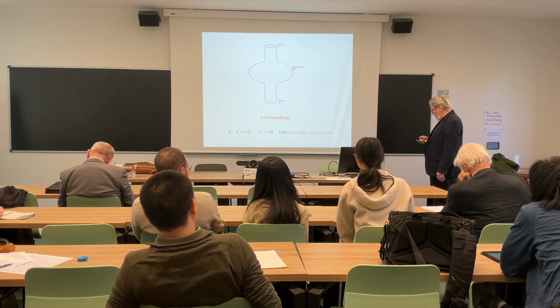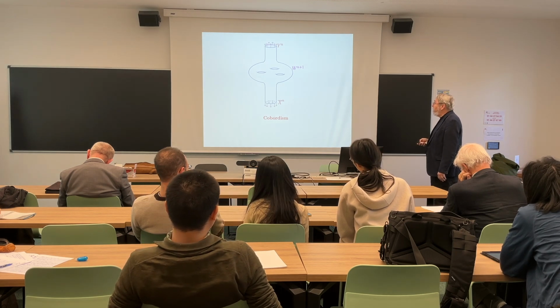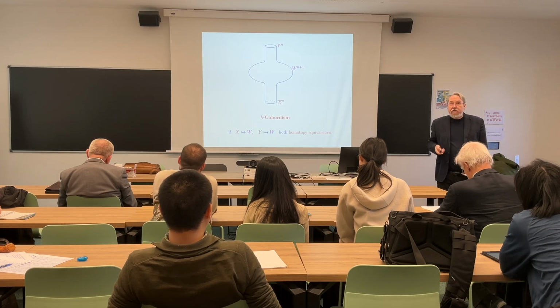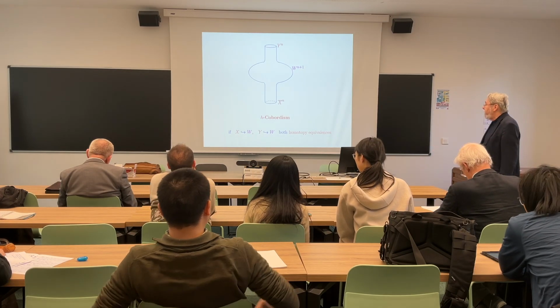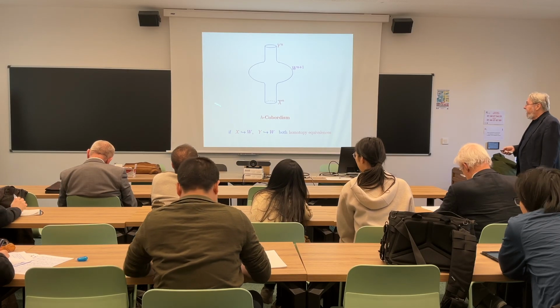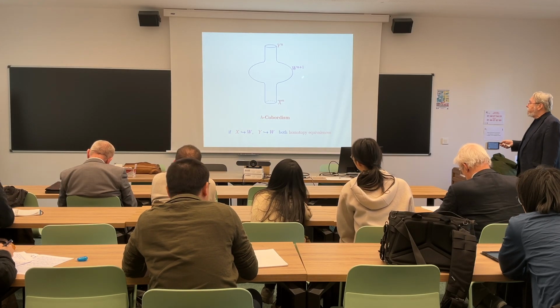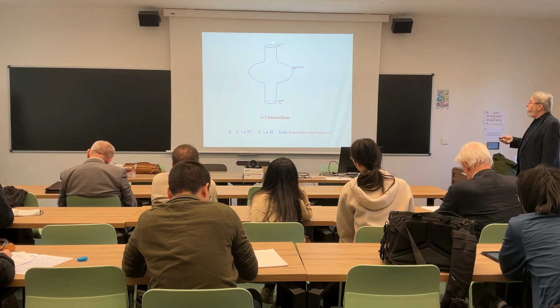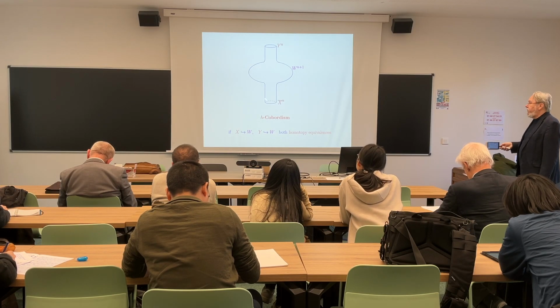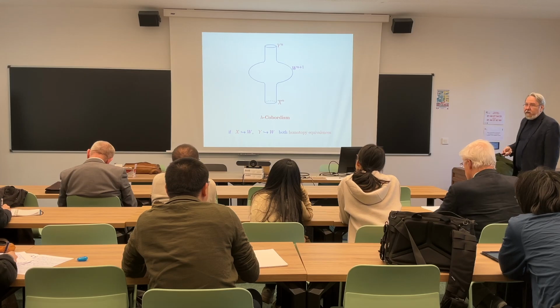Now, topologically, a cobordism could be very complicated, but there's an important subclass called an H cobordism. You say that a cobordism is an H cobordism if the inclusion of X into W and also the inclusion of Y into W are homotopy equivalences. In particular, that means that X would have to be homotopy equivalent to Y.